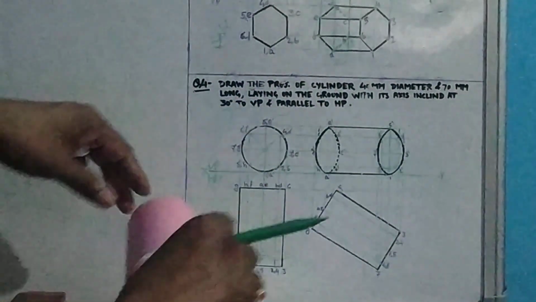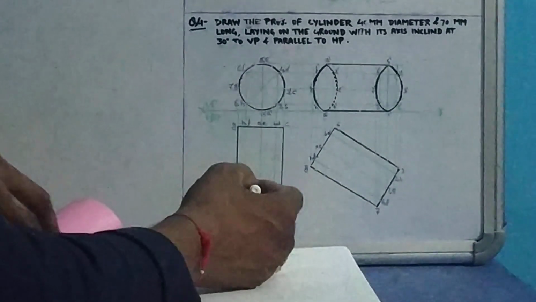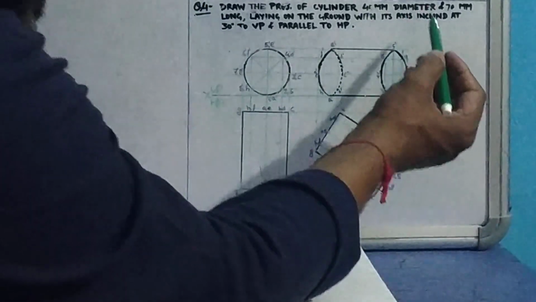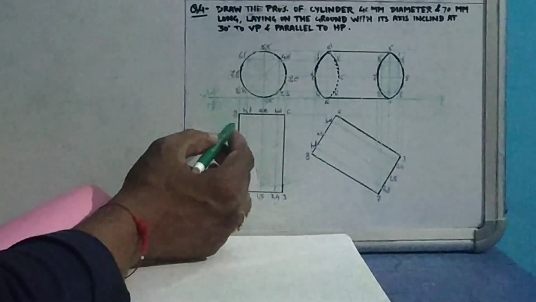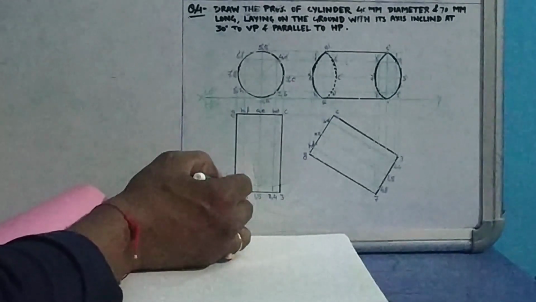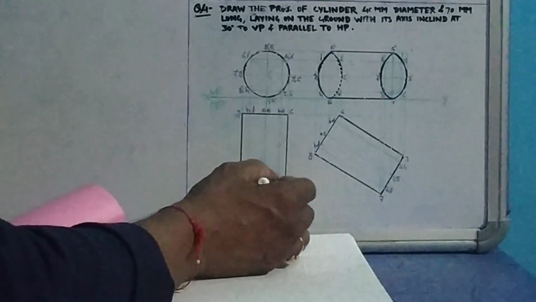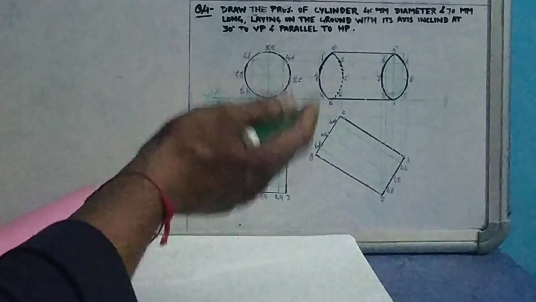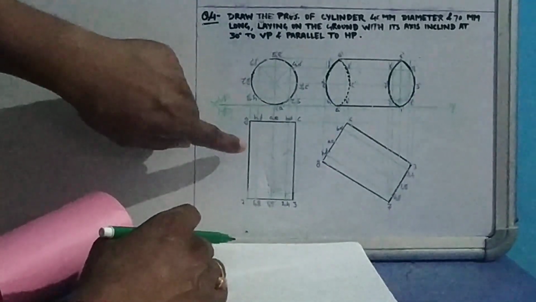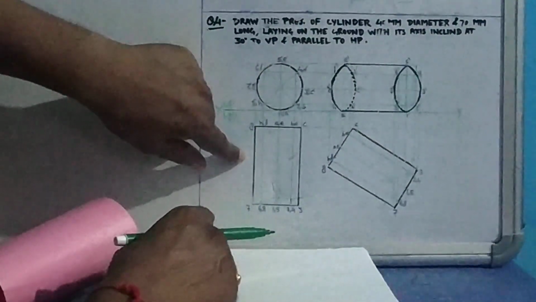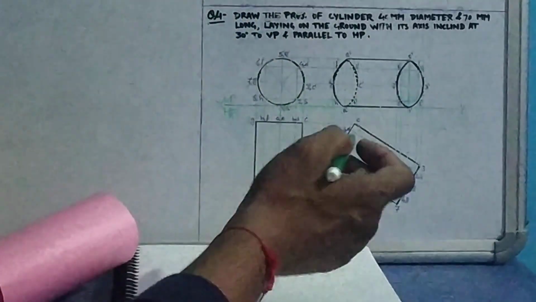And related to this, when we view it from the top, we will get this image. What length is given here? It is 70 mm long. So from this portion, we will draw this line 70 mm long, and we will get a rectangular shape. Next, whatever rectangular shape we are getting, we have to incline this rectangular shape at the given inclination angle.